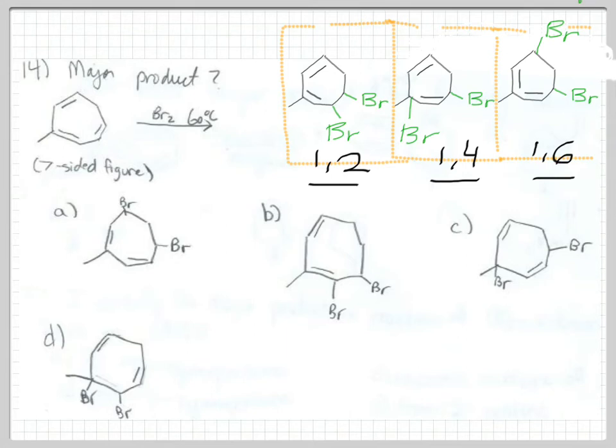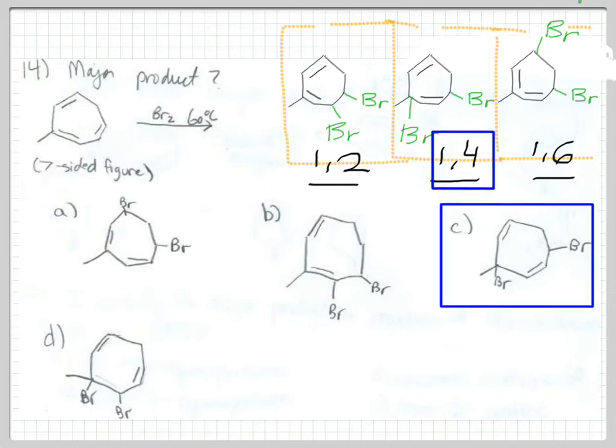Now what I've done over here is indicate that this was a 1,2 attack, this was a 1,4 attack, and this over here is a 1,6, 1 here, and then you number around this way. Okay, 1,6. She didn't ask for that information, but she could, so that's how it works. Now let's identify the relationship between these molecules and the choices on the answer key.